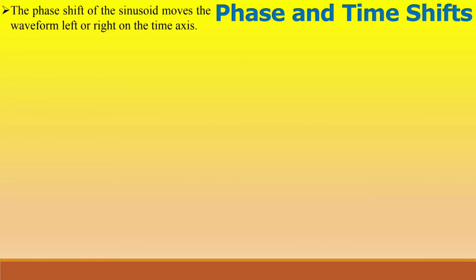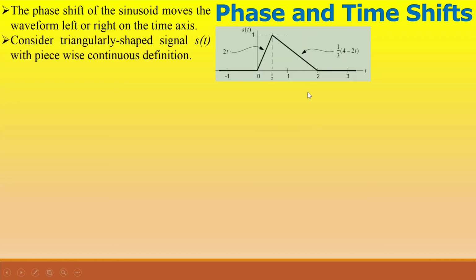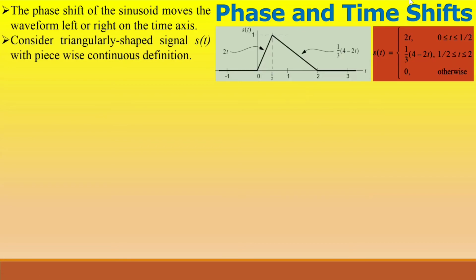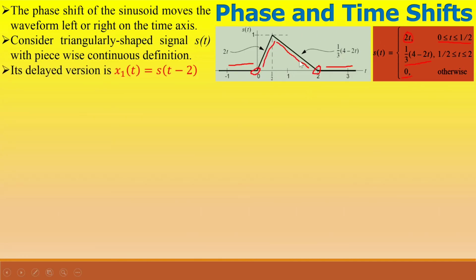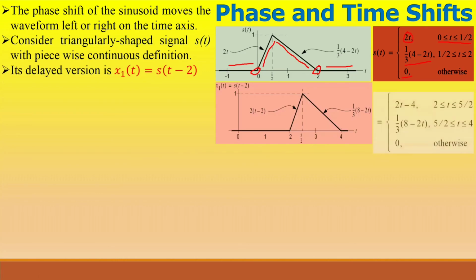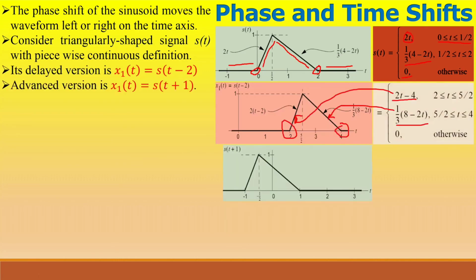The phase shift of the sinusoid moves the waveform left or right on the time axis. Consider a triangularly shaped signal s of t with piecewise continuous definition on the right. Its delayed version is x1 of t equals s of t minus 2. The advanced version is s of t plus 1.